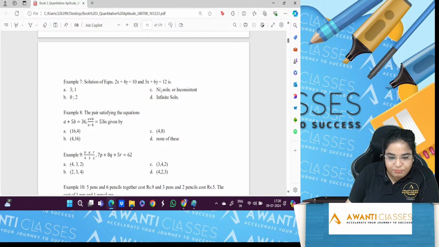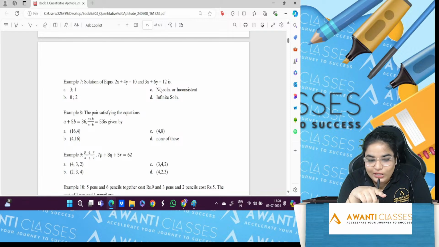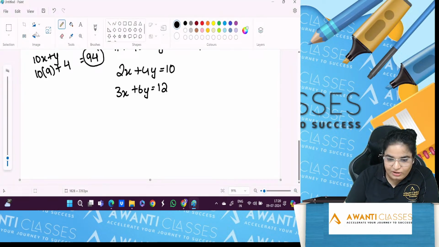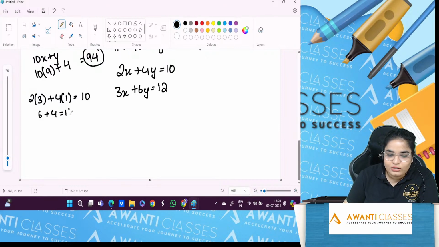Simply, if I look at it also, I can tell how. Look at option A, 3 and 1. If x is equal to 3 and y is equal to 1, take the first equation. Is it 10? 2 3s are 6, 6 plus 4 1s, 6 plus 4 is 10, okay.